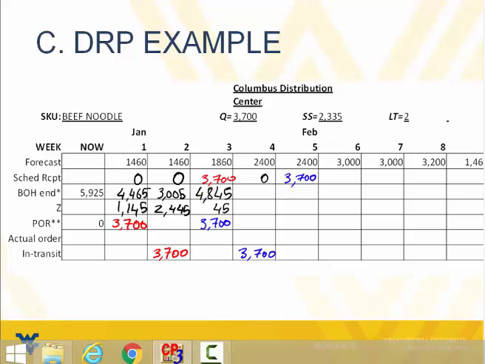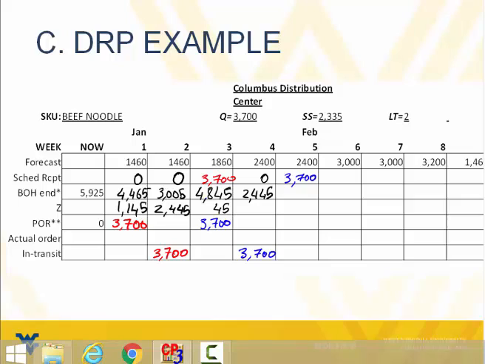Okay? So you just basically continue updating the table in the same way, and you're going to get the entire DRP table.